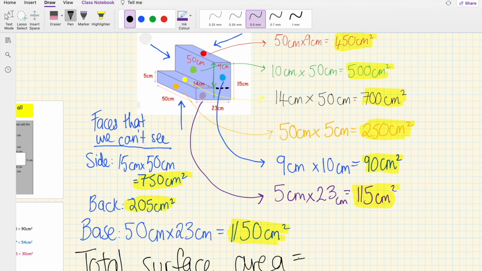Got 450 plus 500 plus 700. Total surface area is 4,210 centimetres squared.